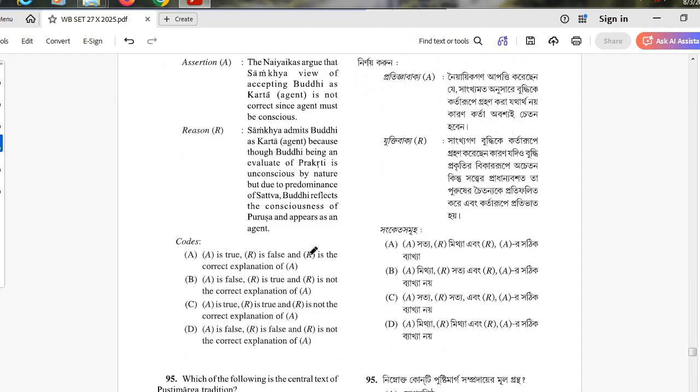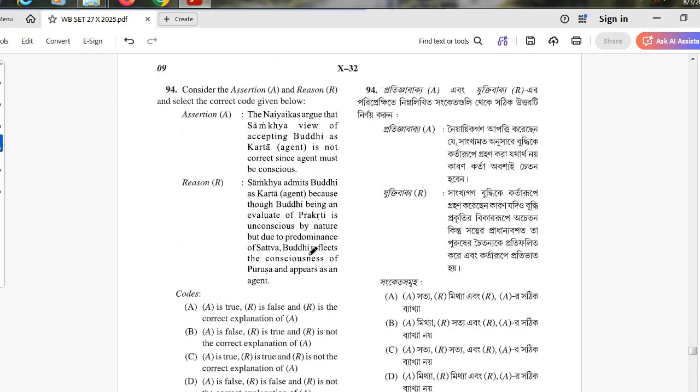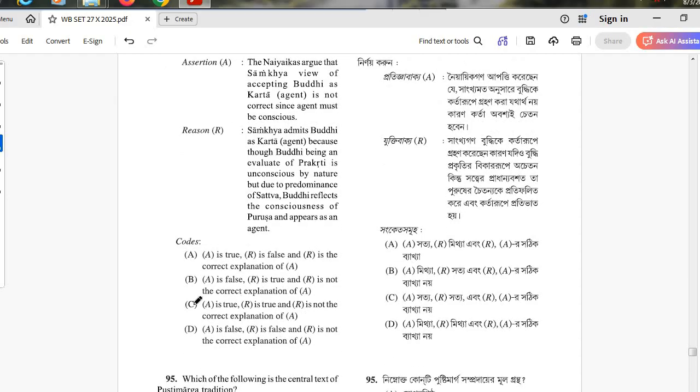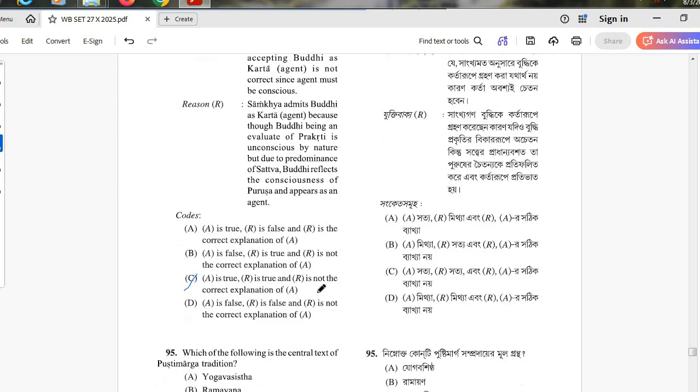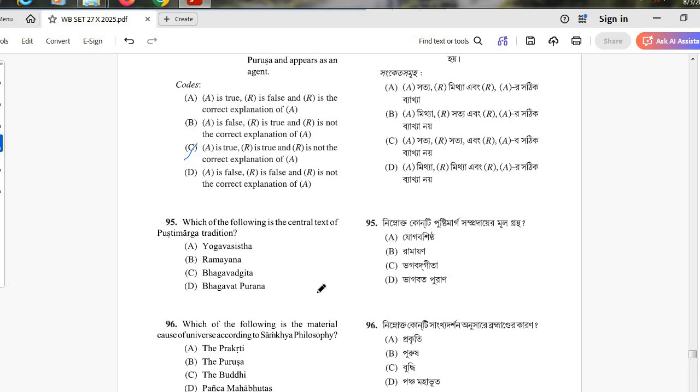The correct answer, question 94, option C: A is true, R is true, but R is not the correct explanation of A.